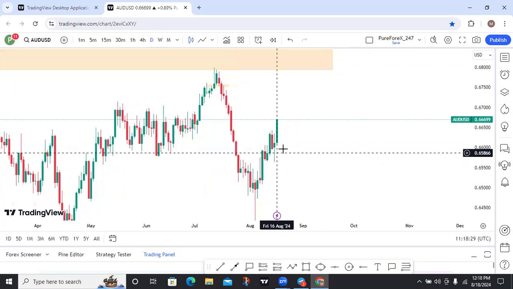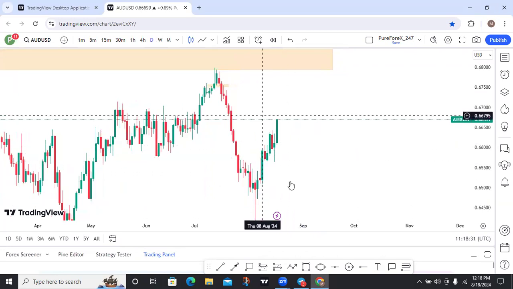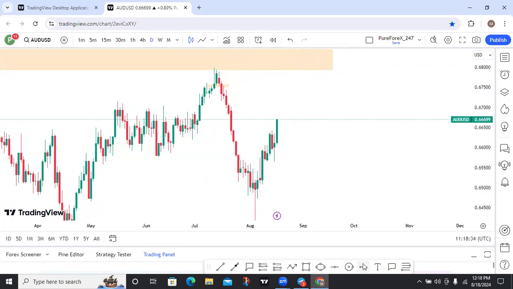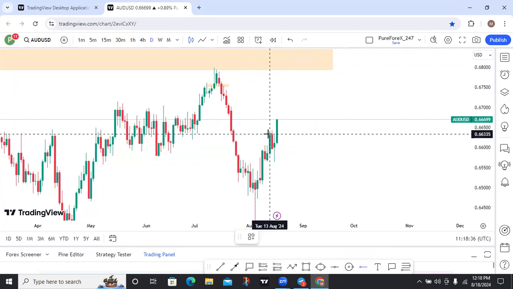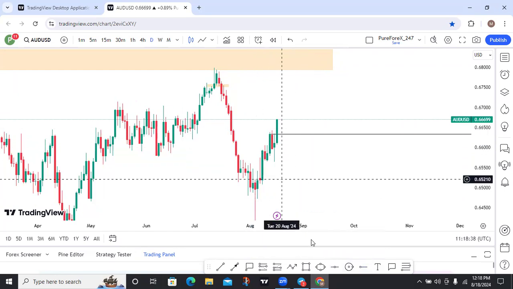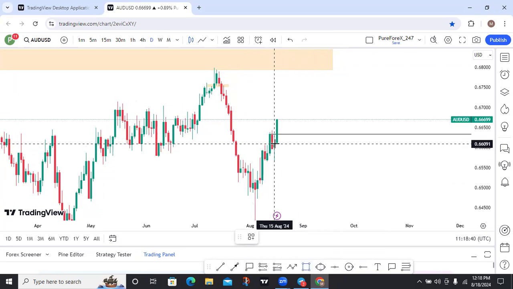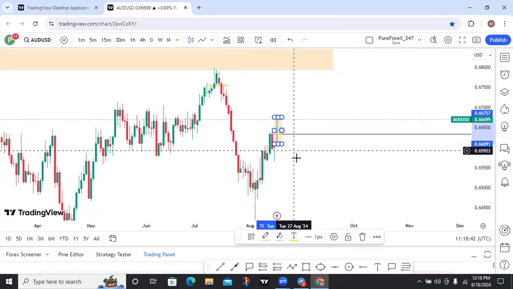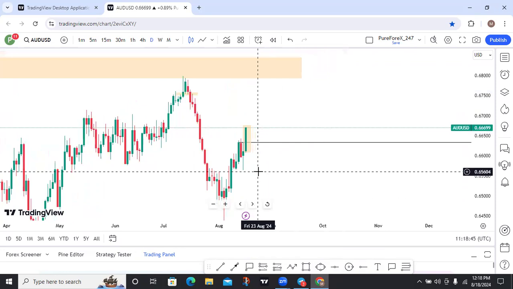Looking at this daily time frame, if the market is to retrace, maybe the market will retrace back to this point. But look at this full body candle here. It cannot be considered a bullish engulfing, but it's a full body candle.